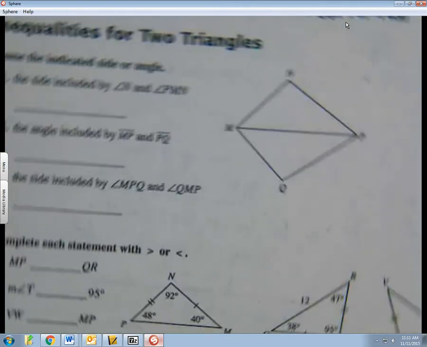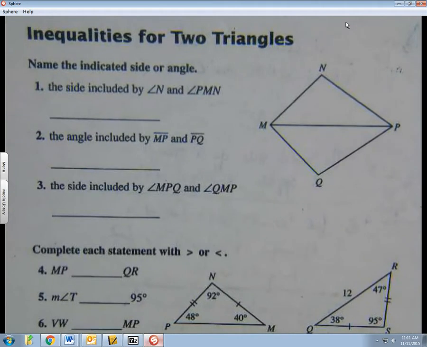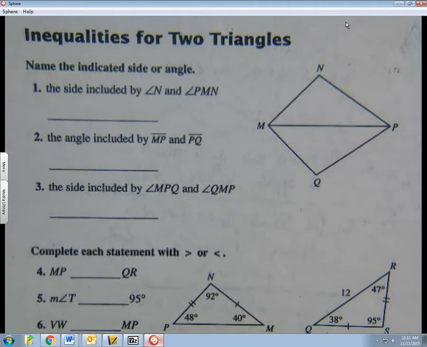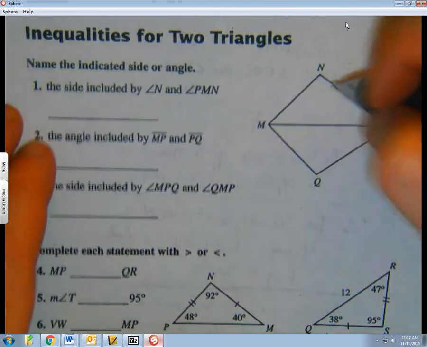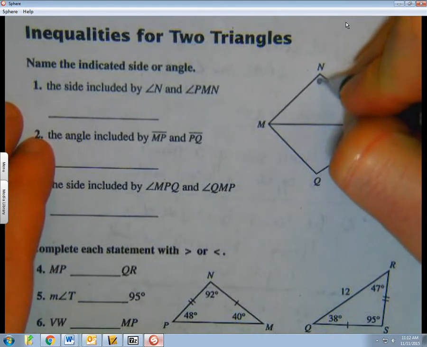Alright, so here we are up top, and my advice is just label what you know. Here is angle N, right there.